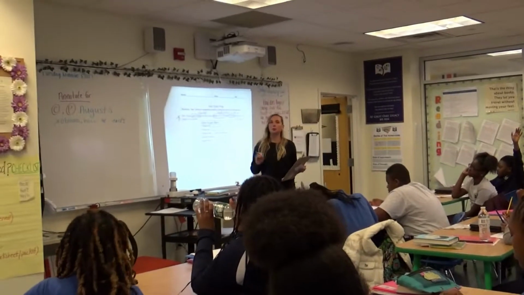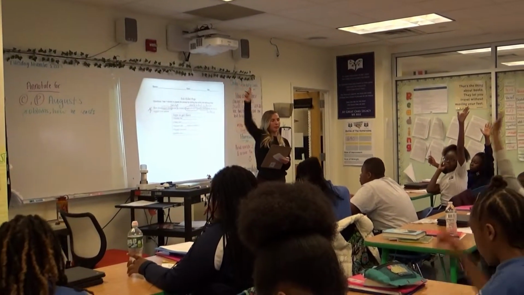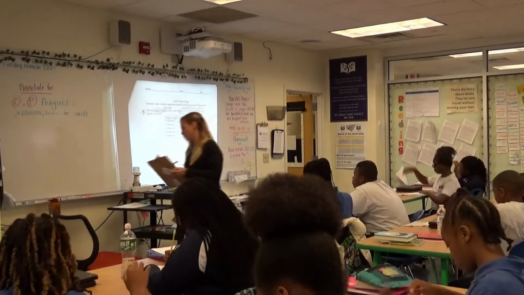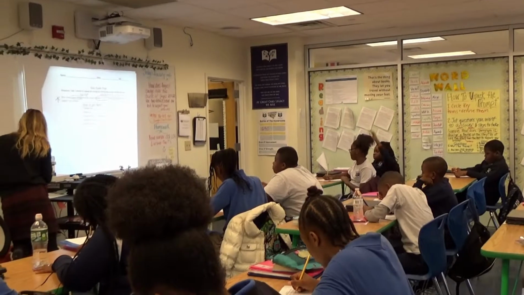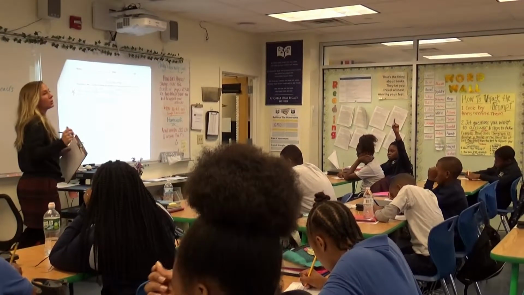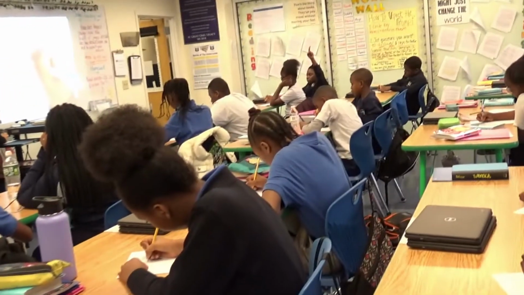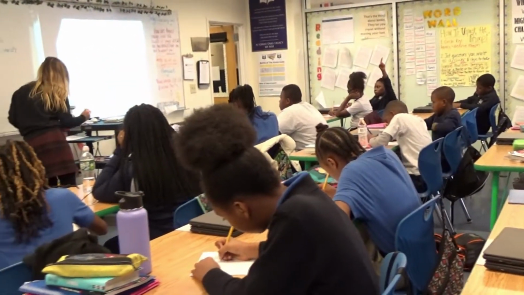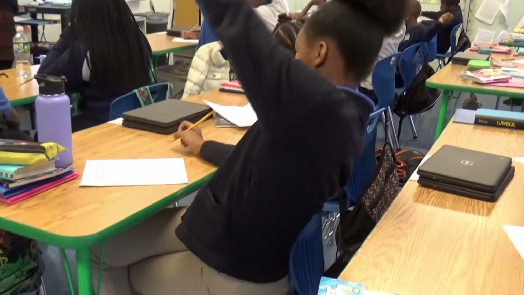So let's go quickly through the steps to get there. Step 1, restate the question. Number 2, state your claim. Everyone's writing what I'm writing. Step 3, support with blank pieces of evidence.